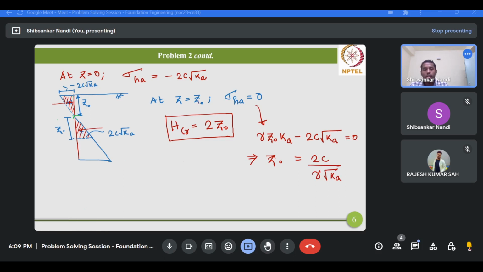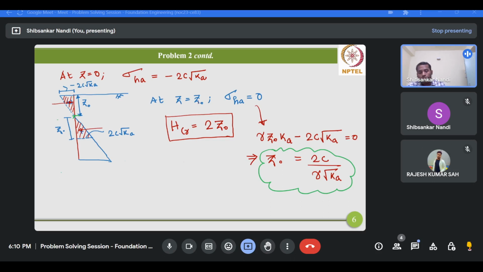If you simplify this equation further, you will get the value for z0 as 2 times cohesion divided by unit weight multiplied by root under the active earth pressure coefficient. Is it fine? Yes or no? Yes. Okay.